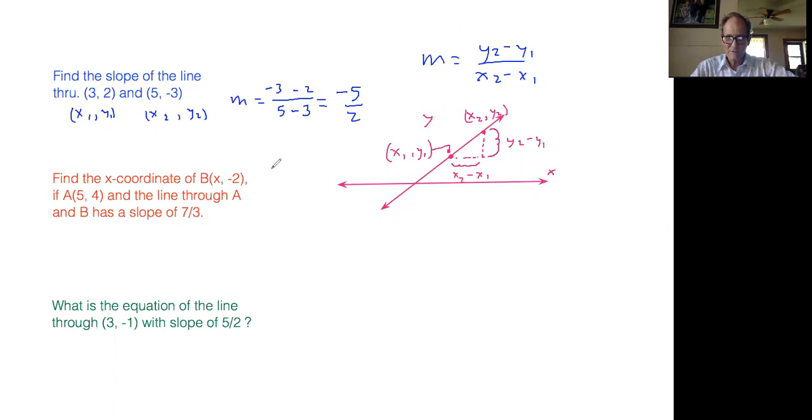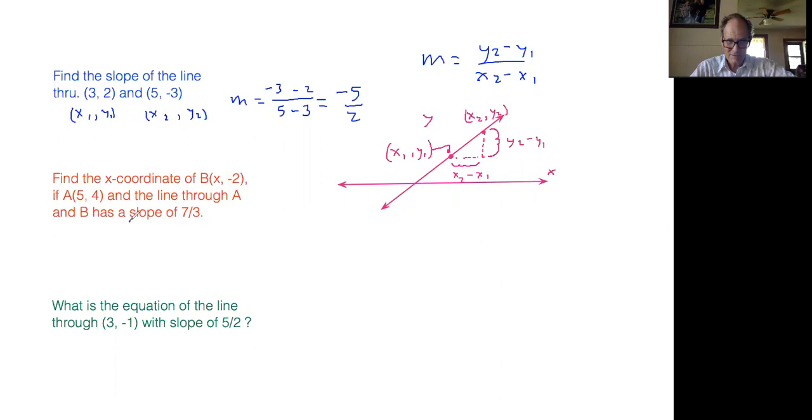Look at this next problem. Find the x-coordinate of the point B, where point B is x comma negative 2, if point A is 5, 4, and the line through A and B has the slope of 7/3.